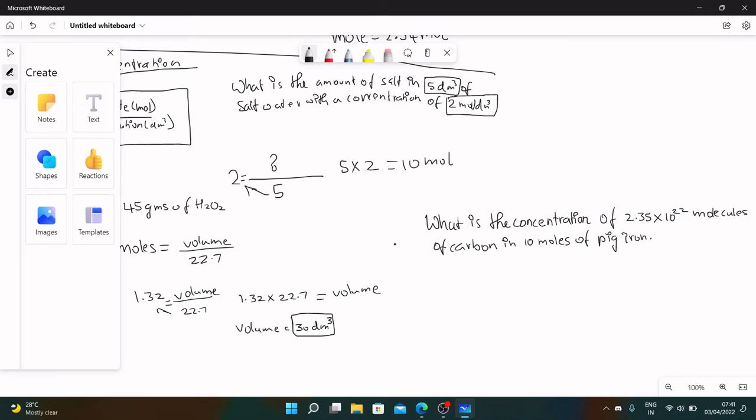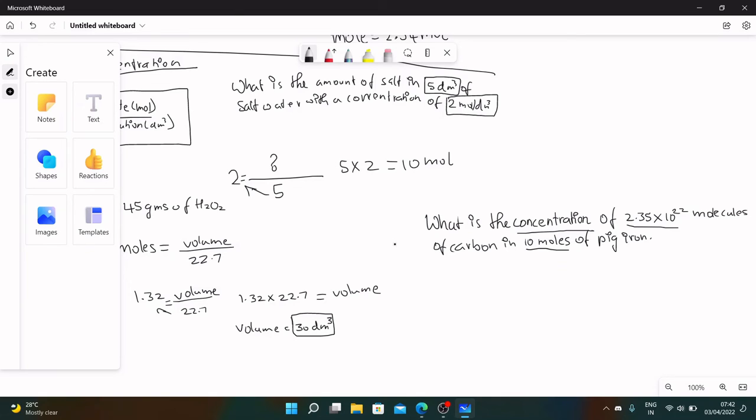Pig iron is nothing but iron with other things in it, other elements mixed with it. It's not pure iron. But over here, what do we need? Our final output needs to be concentration. And what's the value we have been given? 10 moles and 2.35 into 10 to the power of 22.